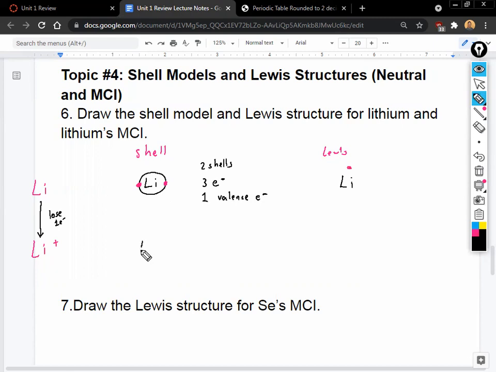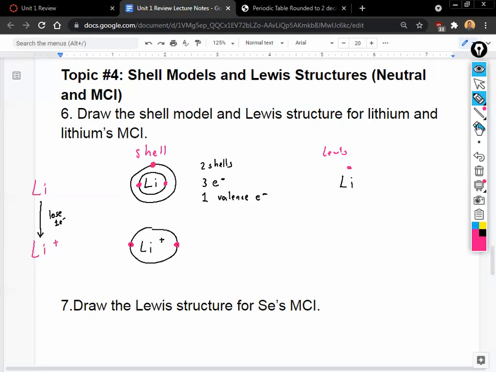I'm just going to copy it down right here. We're going to write Li, but you have to write plus so that the person looking at your work knows you're talking about the MCI. It's going to have 1 shell, and it's going to have 2 electrons in that shell. And again, the reason why it lost a shell is because it lost an electron on the outside shell.